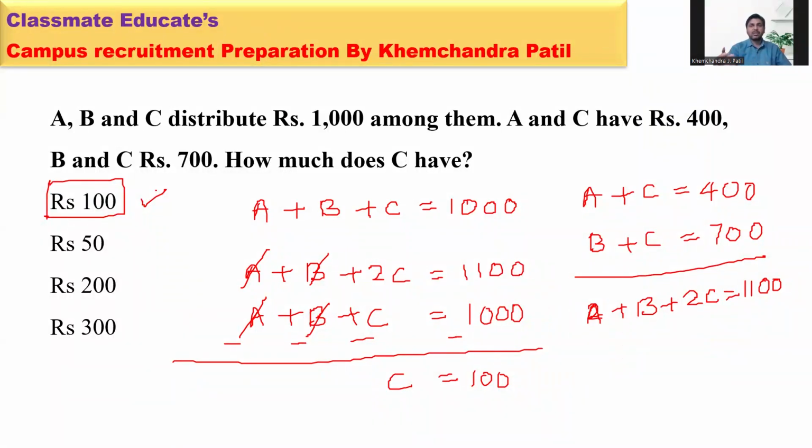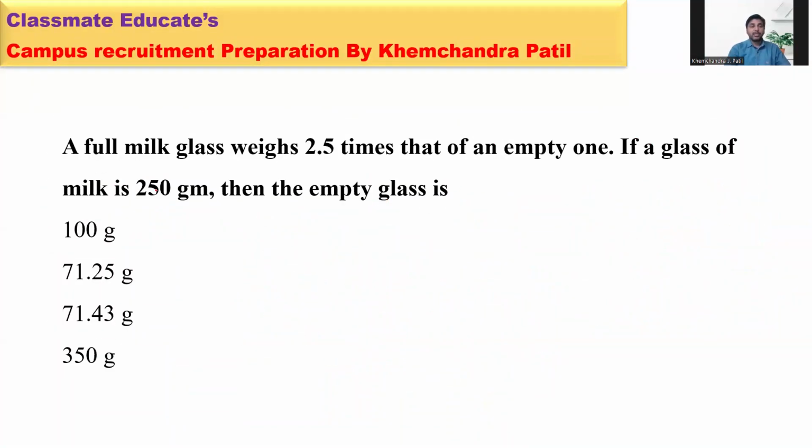So sometimes you can form equations from the information that is given. Next question. A full milk glass weighs 2.5 times the empty one.